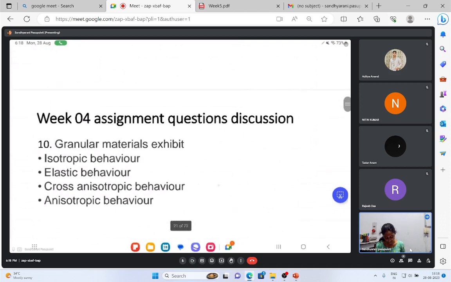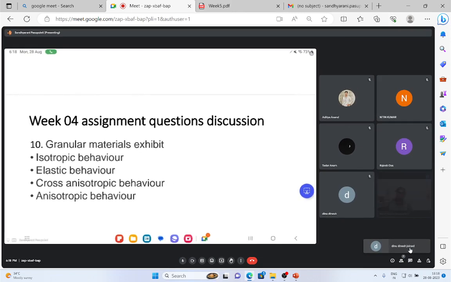And if you see the 10th question, granular materials exhibit isotropic behavior, elastic behavior, cross anisotropic behavior or anisotropic behavior. Though we assume that elastic modulus or resilient modulus is a property of granular materials, in practice granular materials behavior is not that simple. It is very complex.